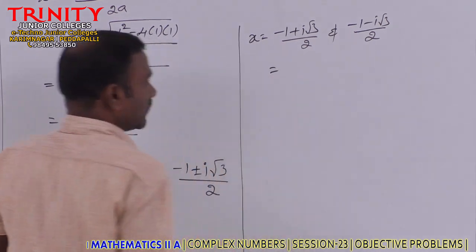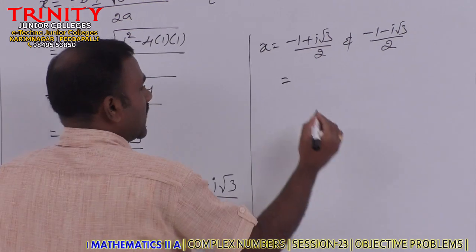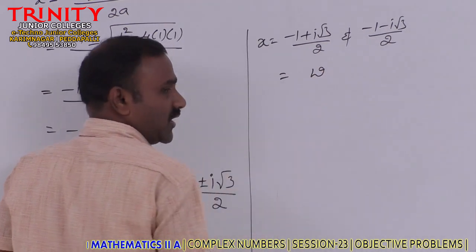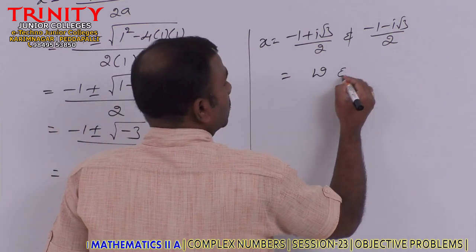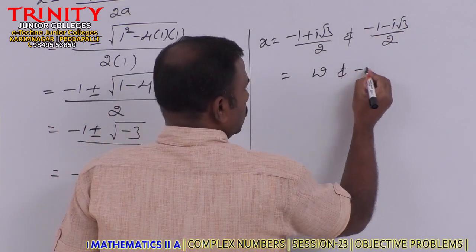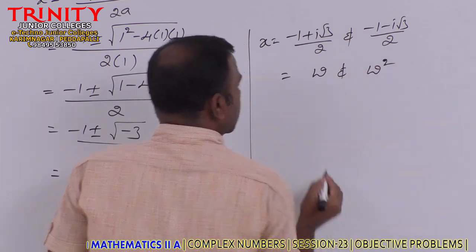Then what do you observe? Minus 1 plus i root 3 by 2 is nothing but omega, and minus 1 minus i root 3 by 2 is the value of omega square.